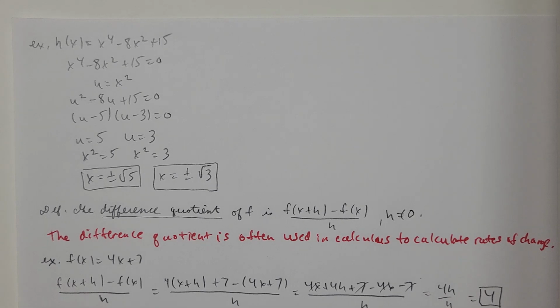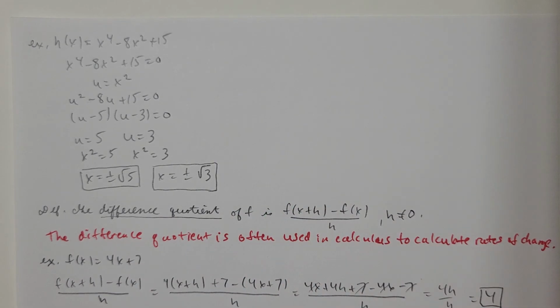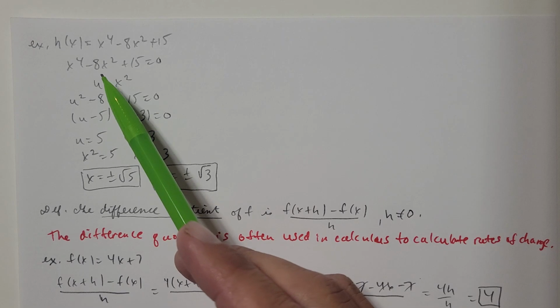Okay, we call this quadratic in form, and let's use a u substitution to solve this equation that's quadratic in form. By the way, you always use a u substitution to solve an equation that's quadratic in form. I'm going to let u be x squared, and to figure out what u is, u will always be the middle term.